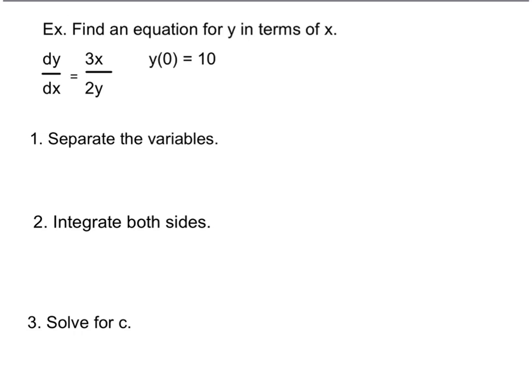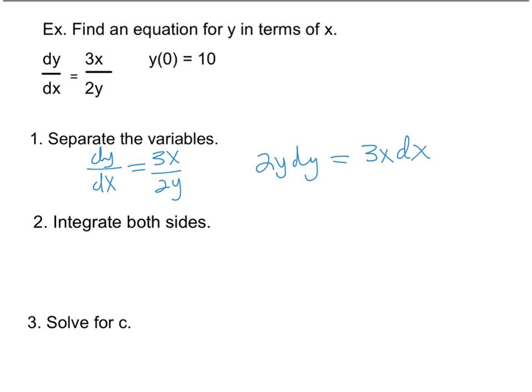If we start off with dy dx equals 3x over 2y, we want to put the 2y and the 3x together. So I'm going to multiply both sides by 2y, and I'm going to multiply both sides by dx, so that now I have separated the differential with y and the differential with x, and then I'm going to integrate both sides.